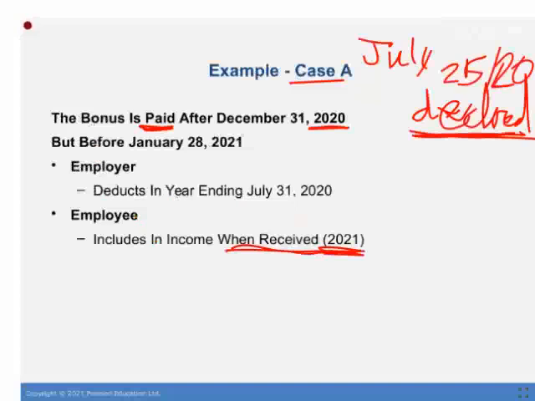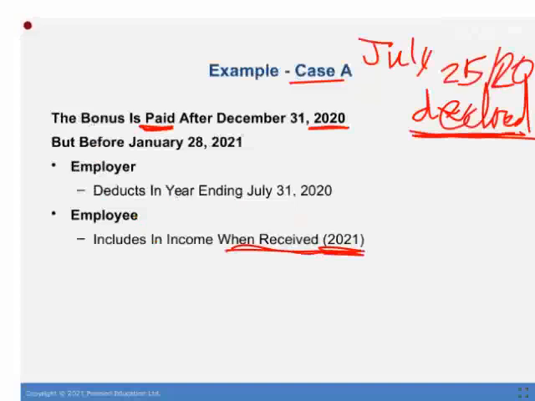Now, I'm going to make a note here for you guys. In your text, it is on page 83. I'll make a note in the chat here. On page 83, there's a nice little chart for bonuses.